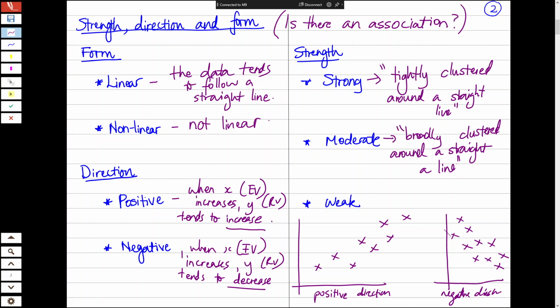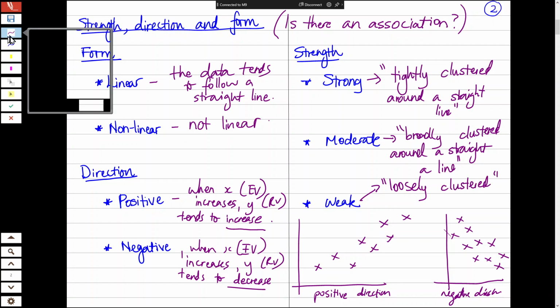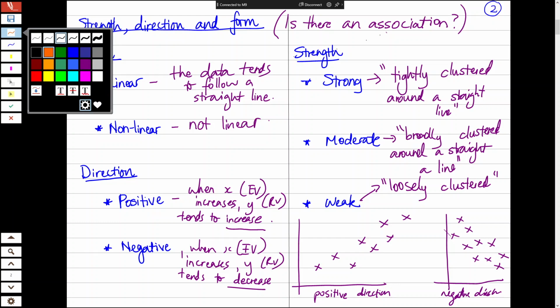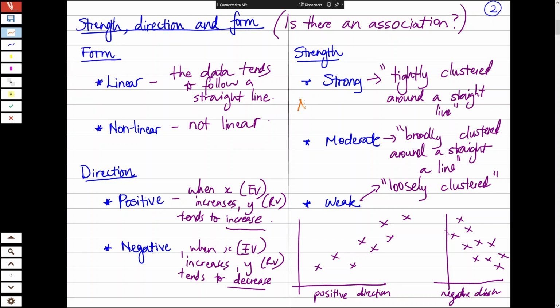Broadly clustered and loosely clustered. And I'll just write a note here. Later we will use R. Note, most of the time we will use R. On the SAC, you will use R. I will not leave it to a subjective judgment.